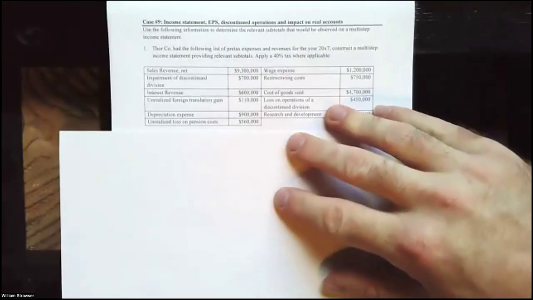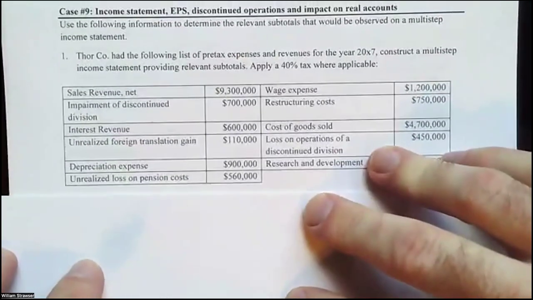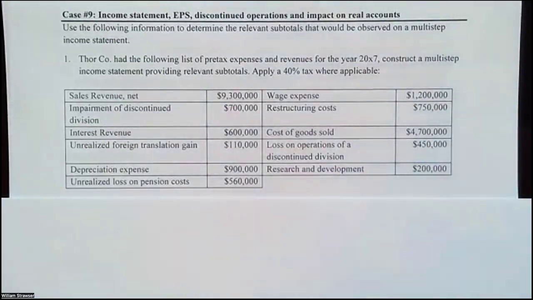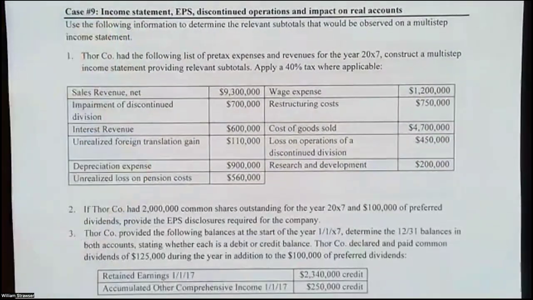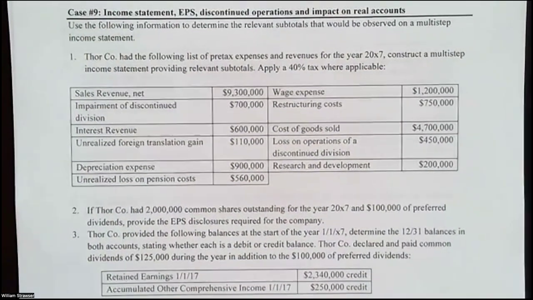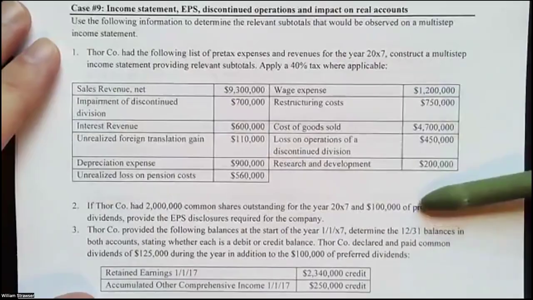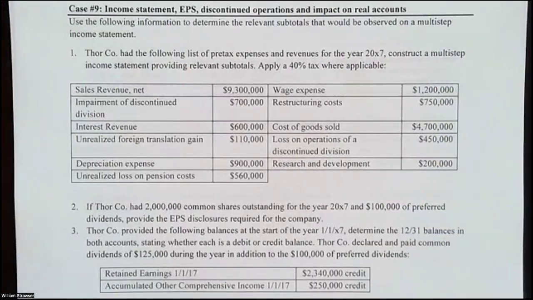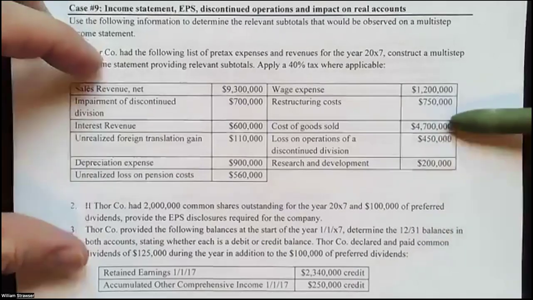So I'm looking at the last two problems in the chapter four problems, and these are pretty template-formatted in terms of how I tend to ask questions. I give you a list of expenses and revenues and different things going on with the company's income statement, and then ask you to walk through some things.